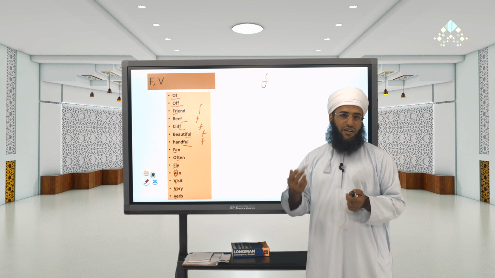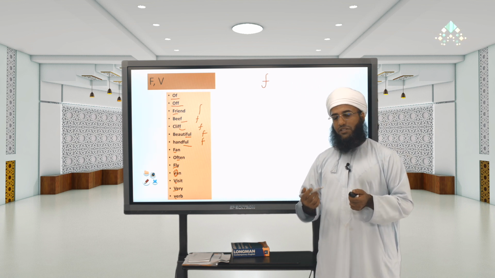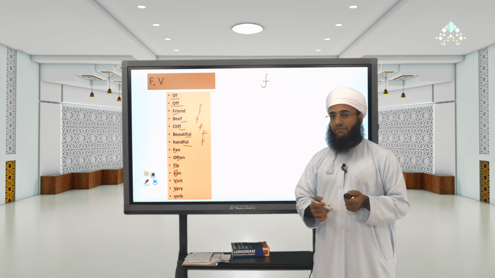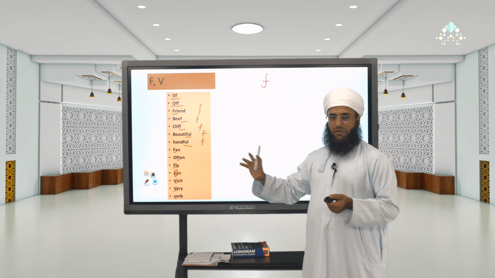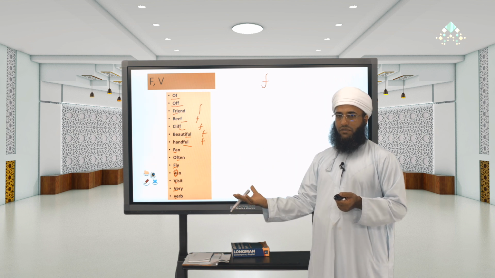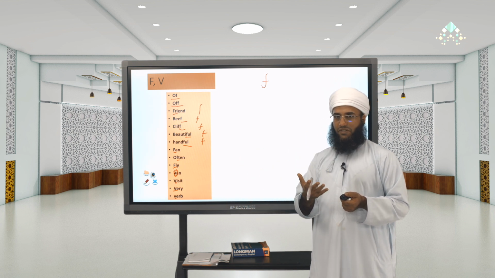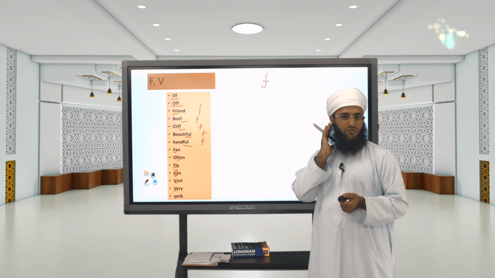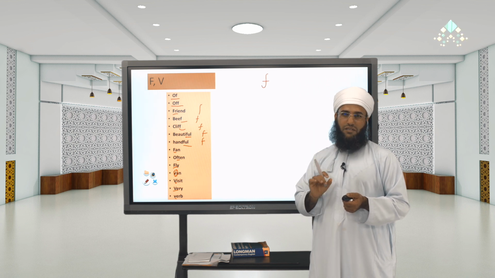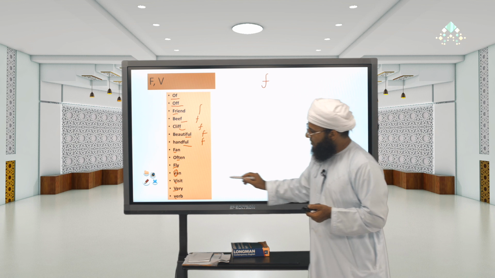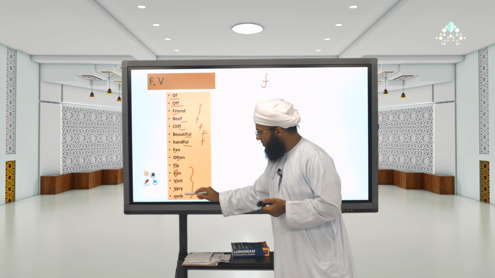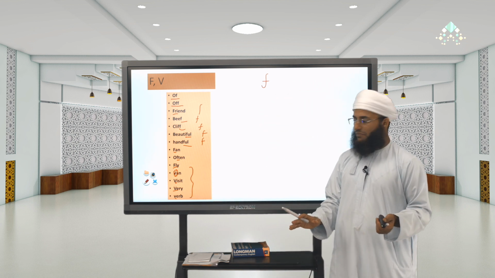It may sound funny, and few students say it, but actually you may find some. But this is not a big issue. Arabs can pronounce it, and it's easy to distinguish. Fa, va, it's clear. It's not like pa and ba. So this one does not exist in Arabic, but we pronounce it va.